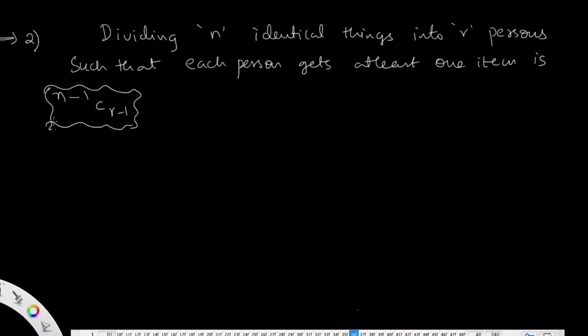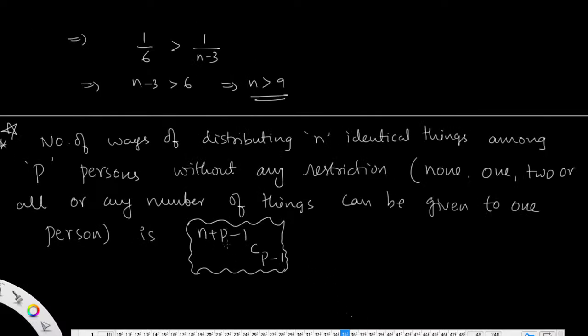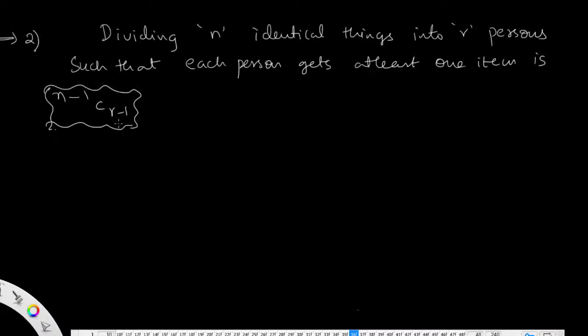This is n identical items into r persons such that each person gets at least one item. So in the place of the before problem, this term should be 0. That is why we get the formula as n minus 1 C p minus 1, that is nothing but n minus 1 C r minus 1. This is the formula. Based on this, problems will be given in the examination.